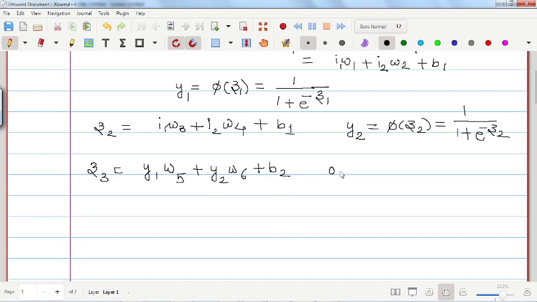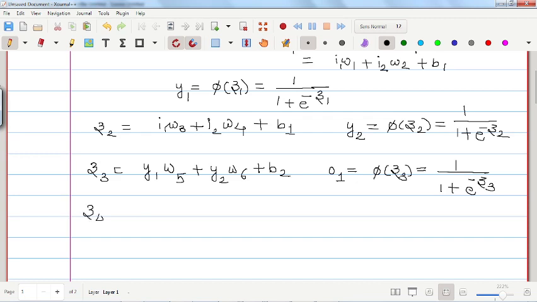Immediately find the output O1. I will repeat one more thing: don't get confused by any notations, your calculations are more important. O1 equals phi of Z3, applying the activation function on the weighted sum, that is 1 by 1 plus e to the power minus Z3.